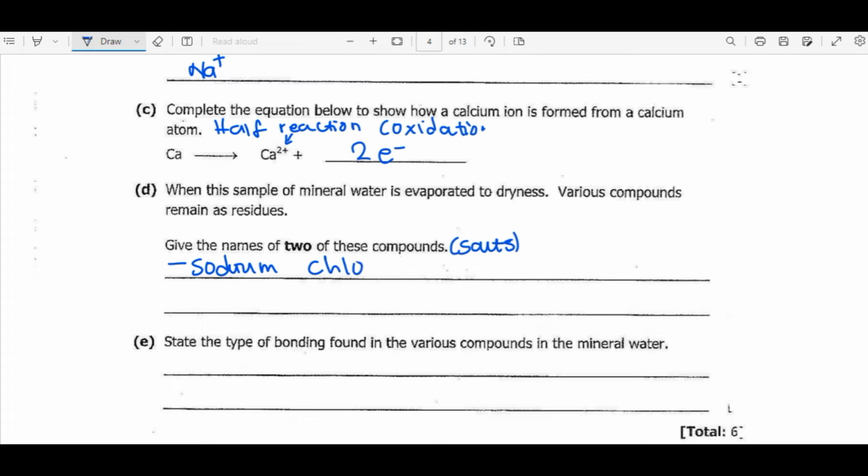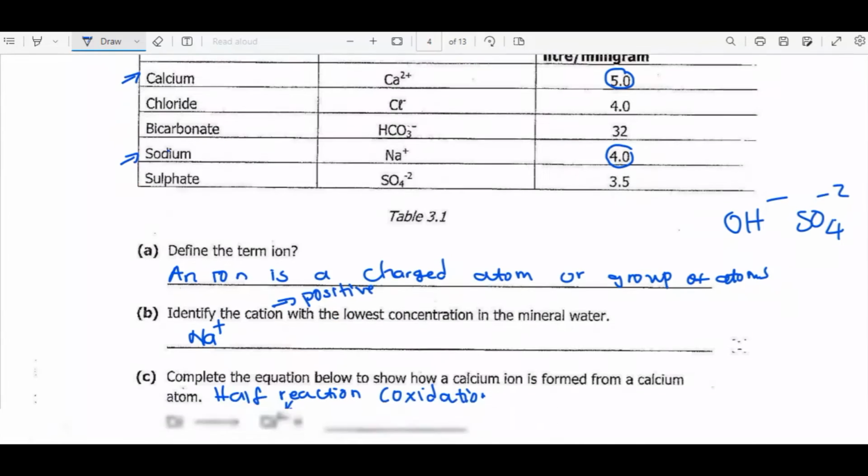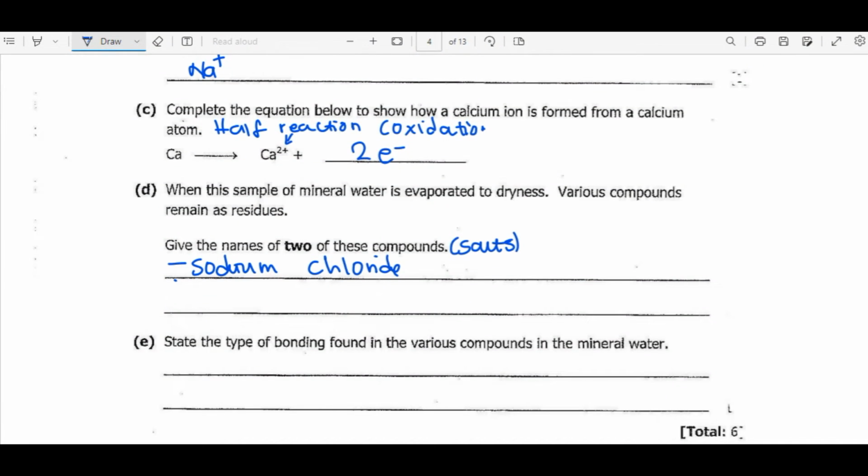How do we know that sodium chloride is there? Because there is this sodium and there is this chloride, which is chlorine. Then what else? We also have calcium. Calcium sulfate is also a salt. So the second one is calcium sulfate.